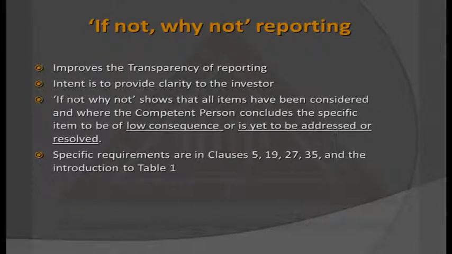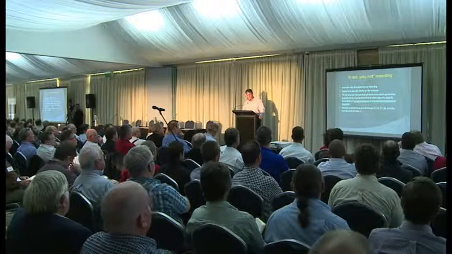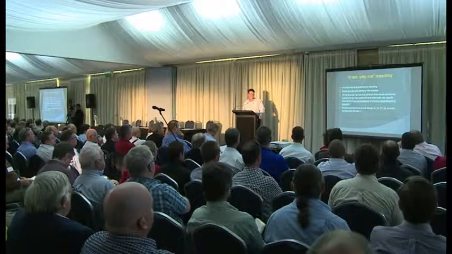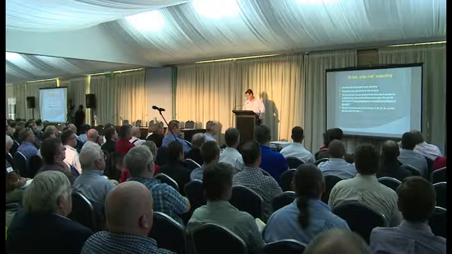So this if not, why not shows that all items have been considered where the competent person includes that the specific item is of low consequence or is yet to be addressed or resolved, and just articulates that to investors. Those requirements are reinforced in each of the sections of the code that pertain to exploration results, mineral resources, and or reserves.